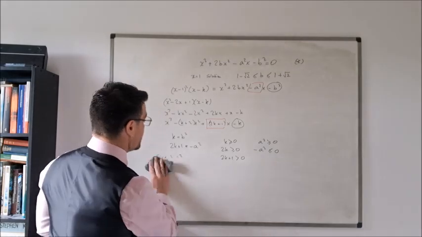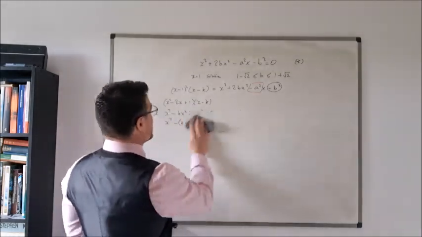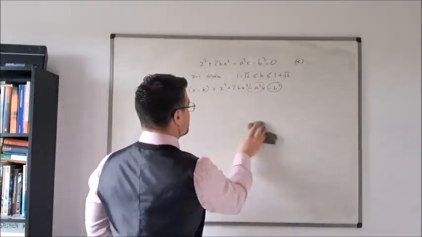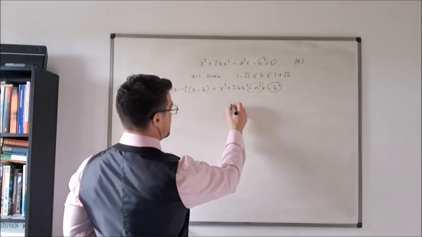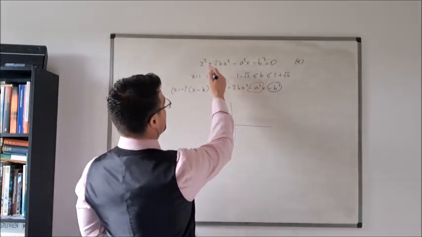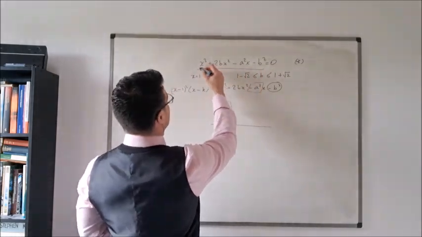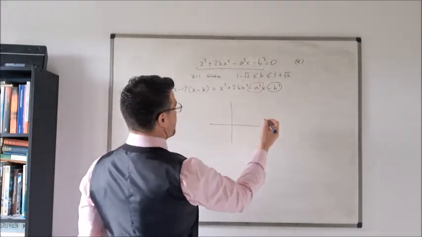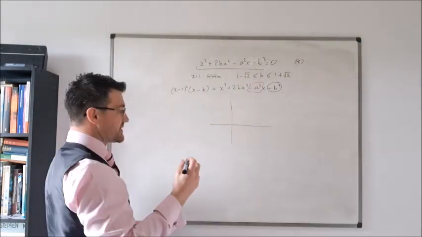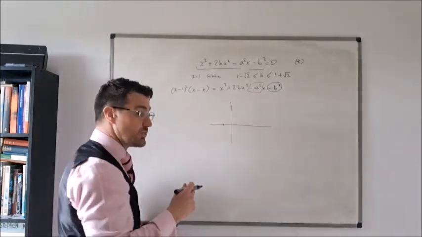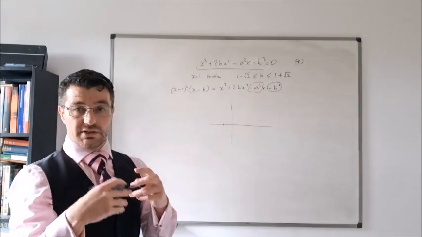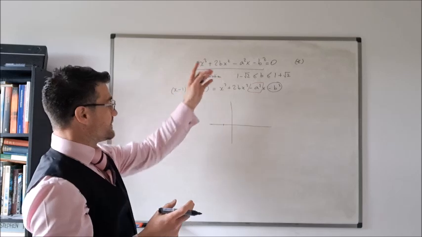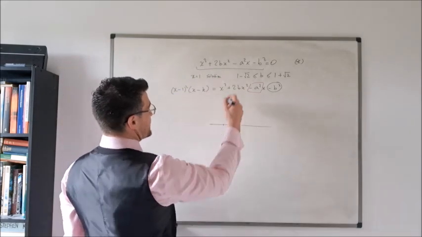If x equals 1 is a repeated solution to this, then if we think about the graph of y equals this bit on the left here, x minus 1 is a double factor of this. It's a positive cubic.